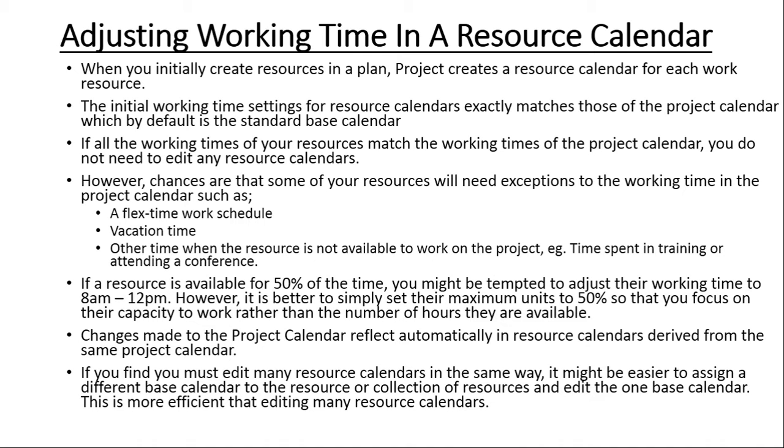There are certain instances where you might have a pool of resources, quite many, and you are making exactly the same adjustment to their calendar. So instead of going to change their calendars one by one, what you can do is simply change the base calendar for those resources and adjust the one calendar.